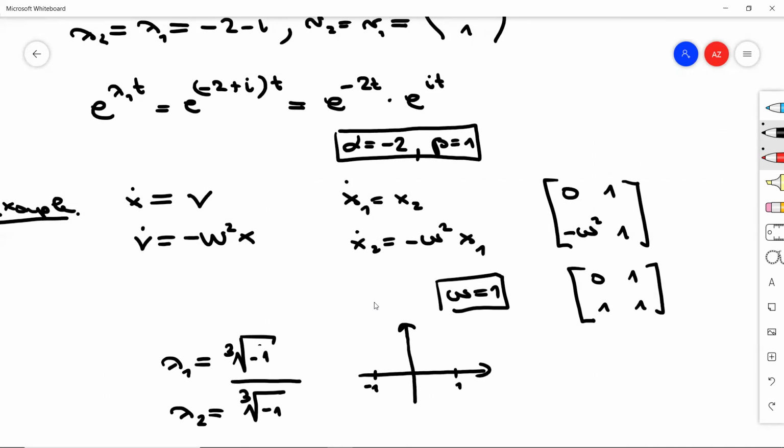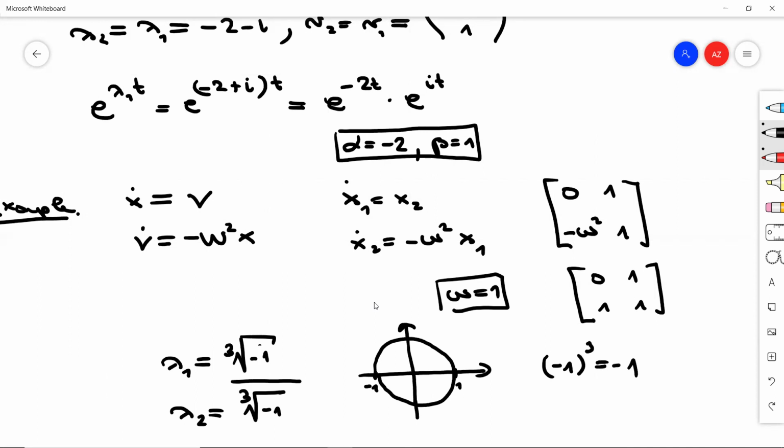You remember from analysis that the roots of a complex number form a proper triangle. Here one of the solutions is -1, since -1 to the 3 is -1.